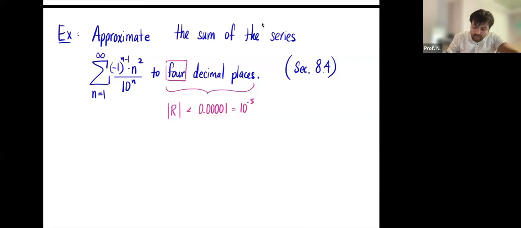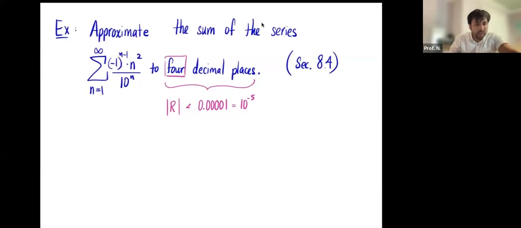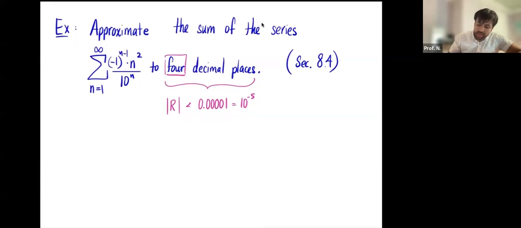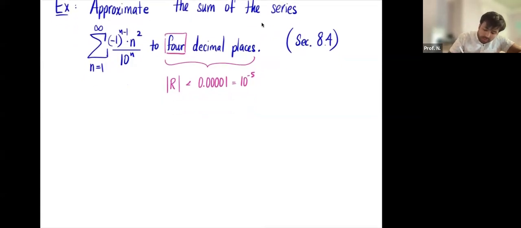So that means that the error must be less than some value, being less than 0.001. That's the way we would start. Okay, so with this in mind, now let's just unfurl the sum a bit.